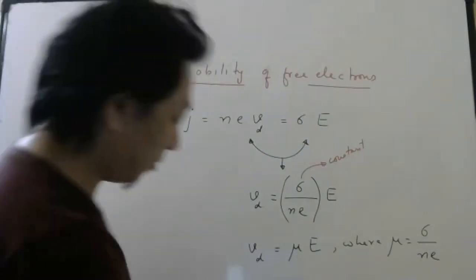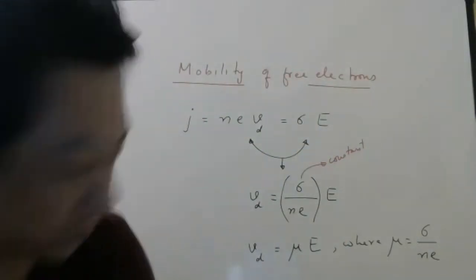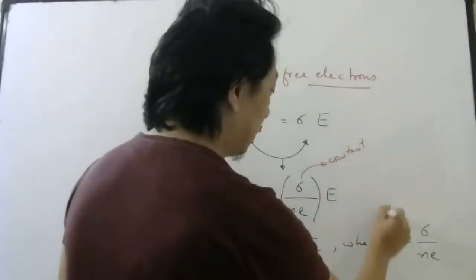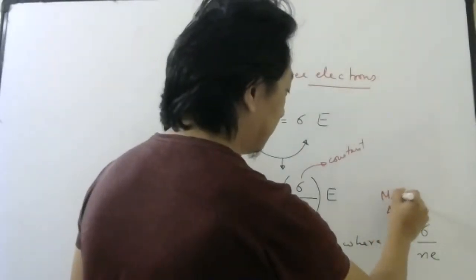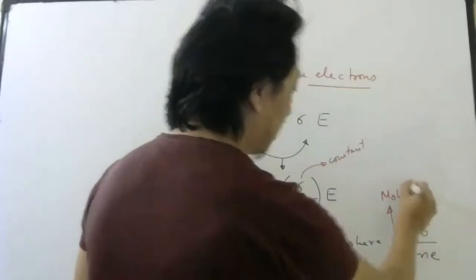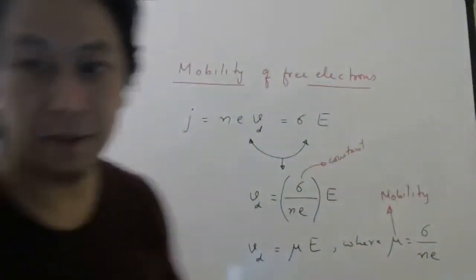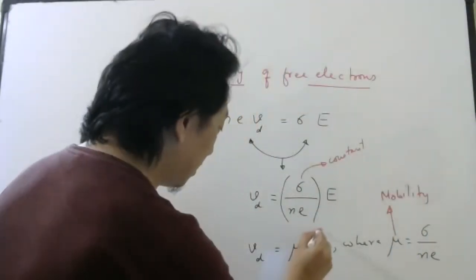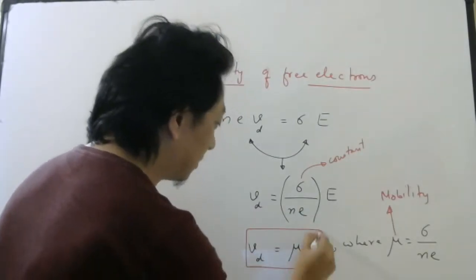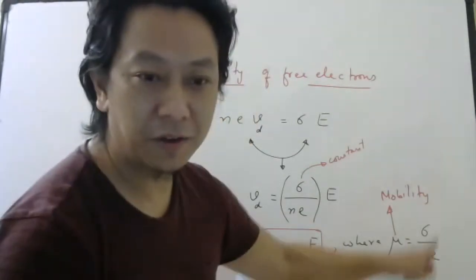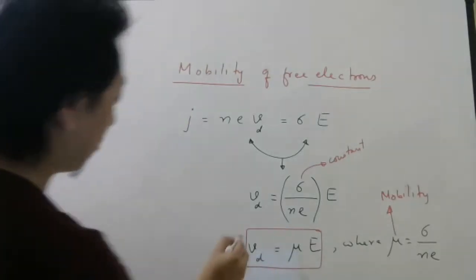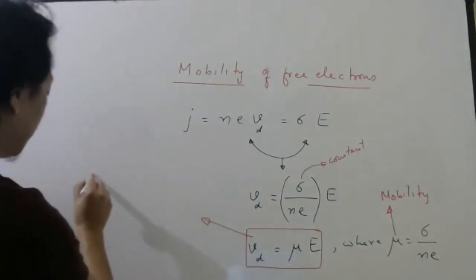That quantity mu is what we call mobility. For 1 mark, if they ask in exam what is mobility, you should use this formula to define. Here it is very difficult to define, no? So use this formula.